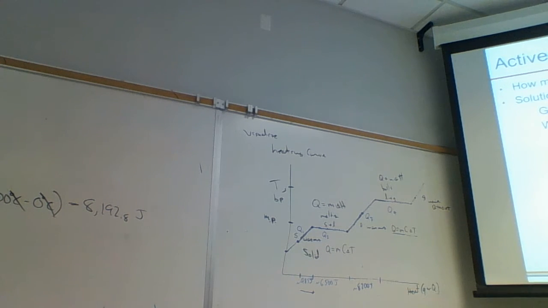Let's see what the delta H vaporization is. What is delta H of vaporization here? 2.26 kilojoules per gram. The grams cancel out.